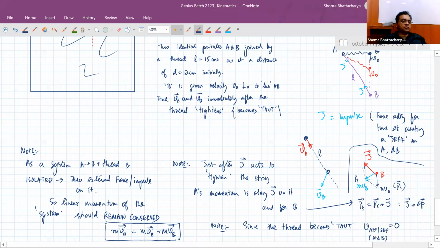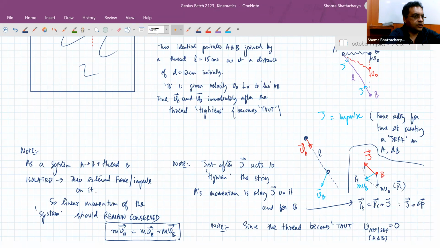Once it's jerked and become taut, it's remaining tight as they are moving. So always the distance between them is remaining fixed, which is that length L. So they should neither be approaching each other nor separating from each other. So this is the application that is based on what we've learned now. It's only one part of the solution of this question.